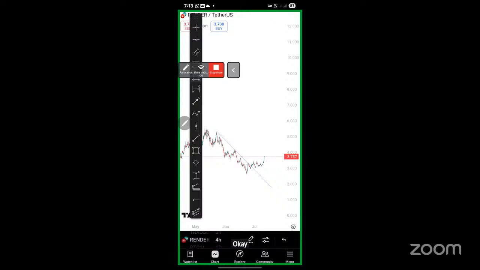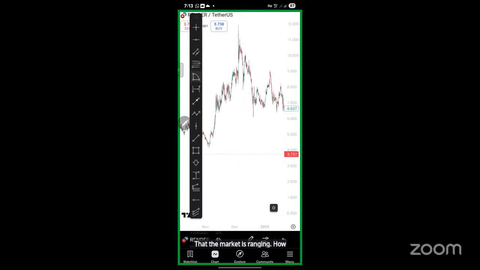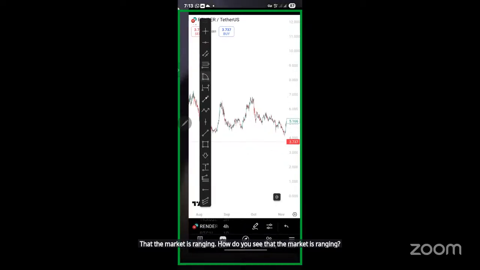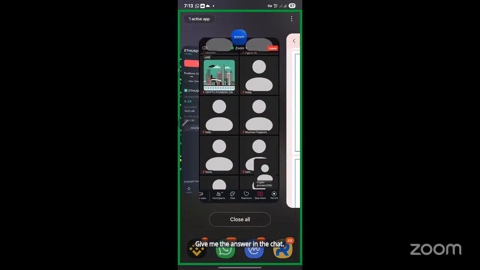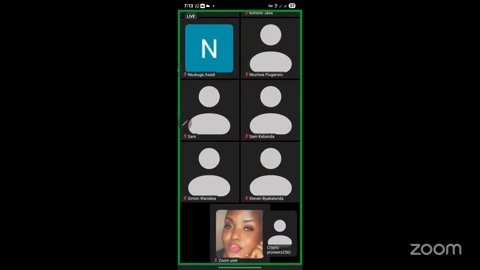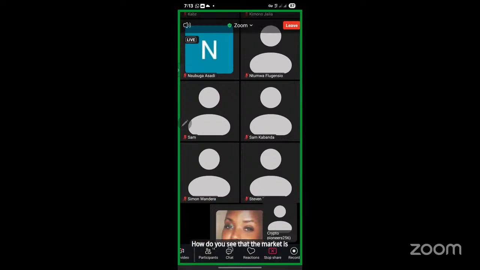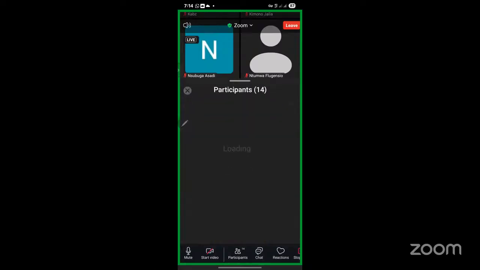Okay, now if you find that the market is ranging, how do you see that the market is ranging? Give me the answer in the chat. How do you see that the market is ranging?